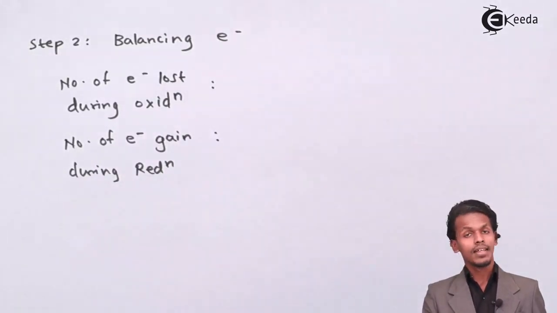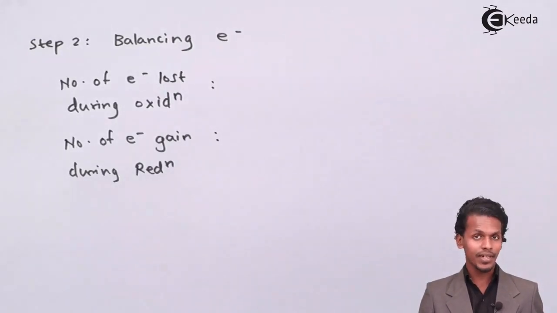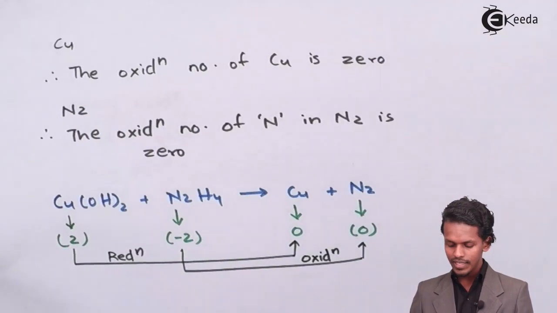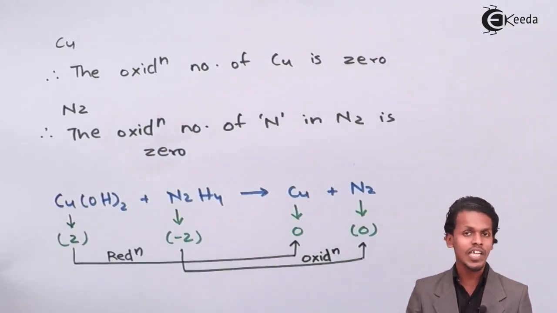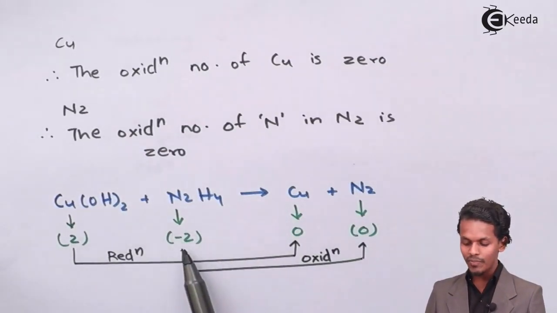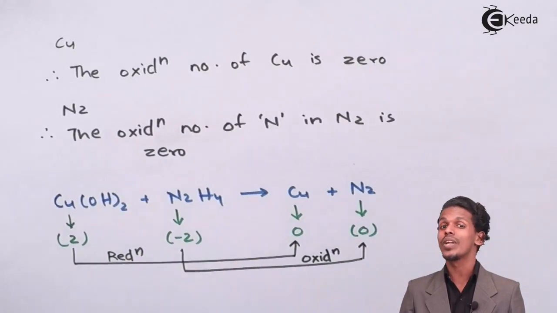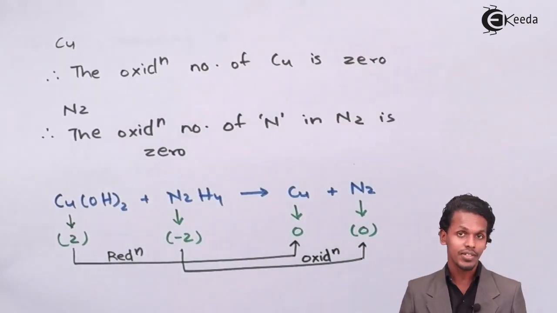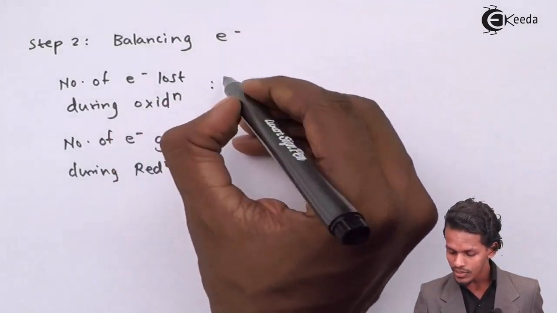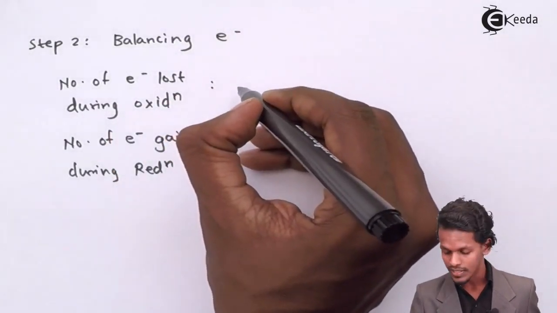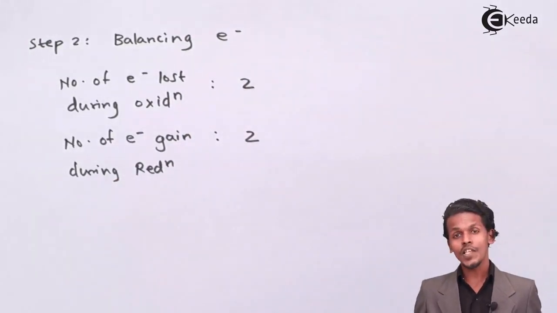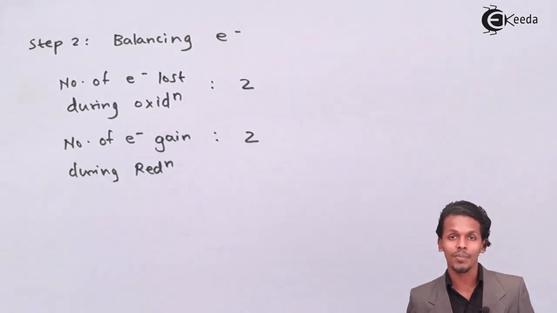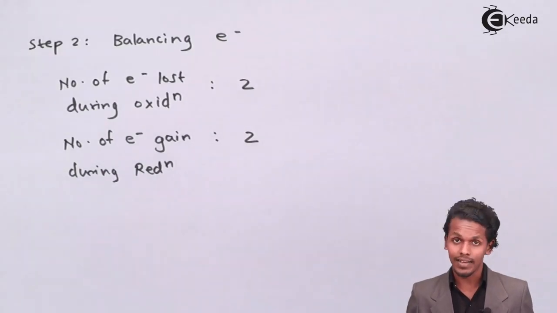If I recall the equation that we found, +2 is converted into 0, so 2 electrons are being accepted, while when -2 is converted into 0, 2 electrons are being donated or lost. So the number of electrons lost during oxidation is 2, as well as the number of electrons gained is 2 itself. So this equation is electronically balanced, the number of electrons are balanced in this case. So we don't have to multiply it by any number, we'll keep it as it is.